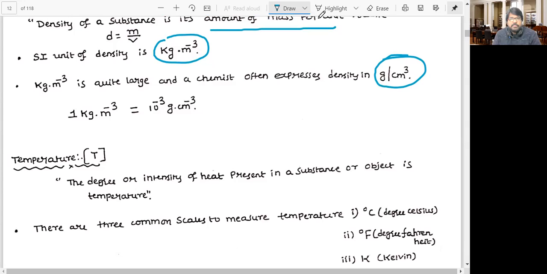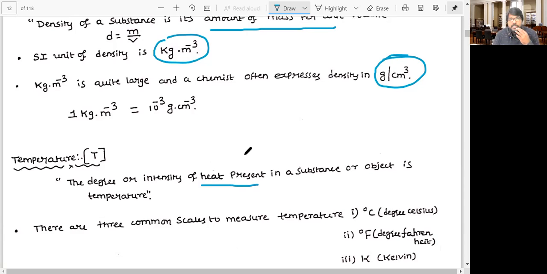What is the exact definition of temperature and what are the various scales we have? The degree or intensity of heat present in a substance. For the 10 grams of sugar I've taken, what amount of heat is present in that substance? The intensity of heat, the degree of heat present in a substance or object is called temperature.